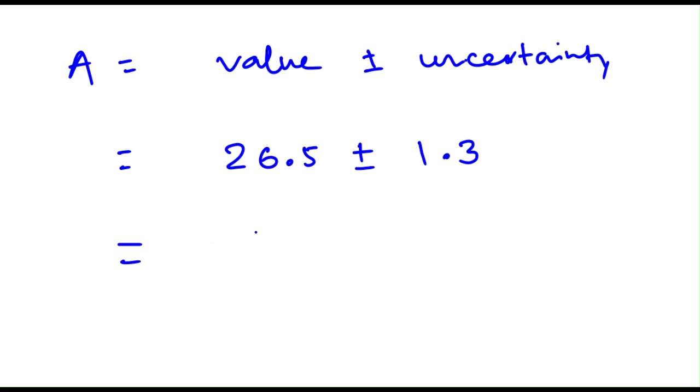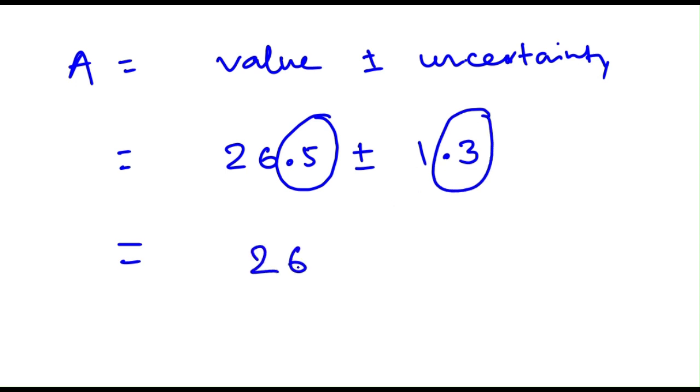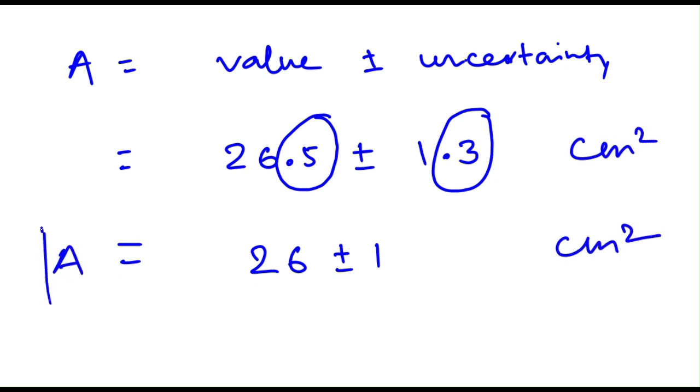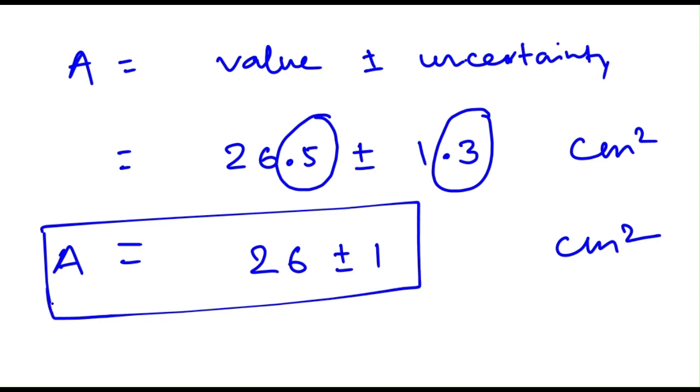So we have to keep up to two significant figures only. So here we are going to drop this 5 after the decimal, and here we are going to drop this digit. So this will be 26 plus minus 1, and of course it is in centimeter square. So in this way we can report the area of the rectangle which we have measured.